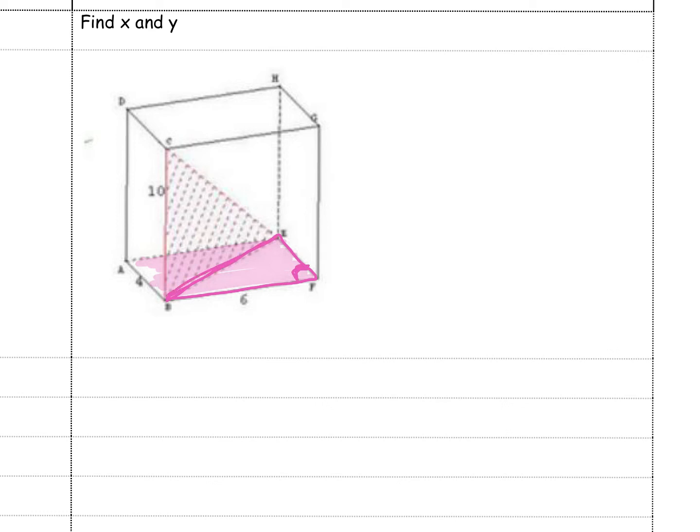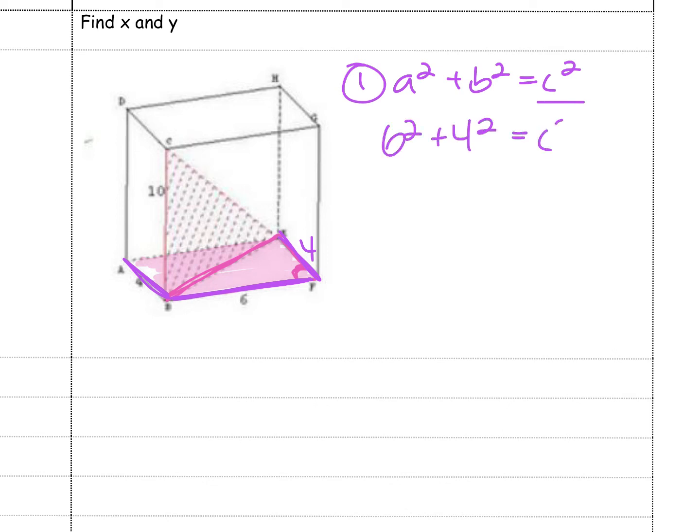So my leg here is 6, and my other leg is the other side of that box, which is 4. So the first round of the Pythagorean theorem, I'm finding the hypotenuse of that bottom of my box. So I have 6 squared plus 4 squared equals C squared.